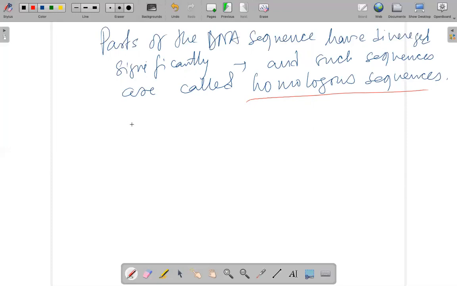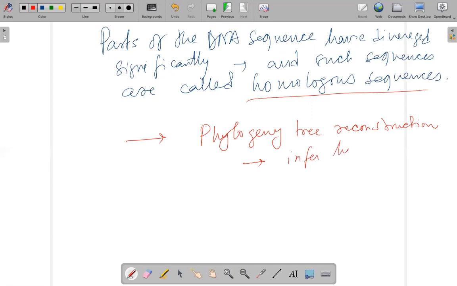So identifying homologous sequences has applications in phylogenetic reconstruction. That is, we want to infer how distant two species are in the evolutionary sense.